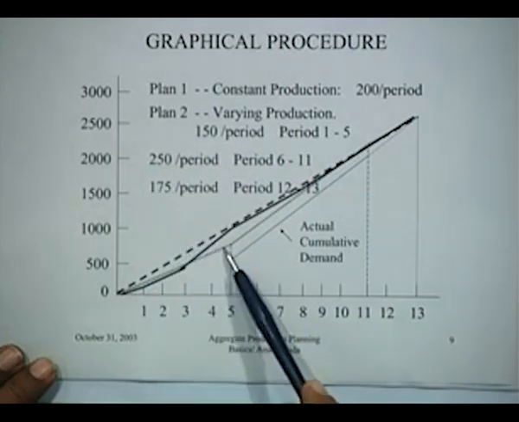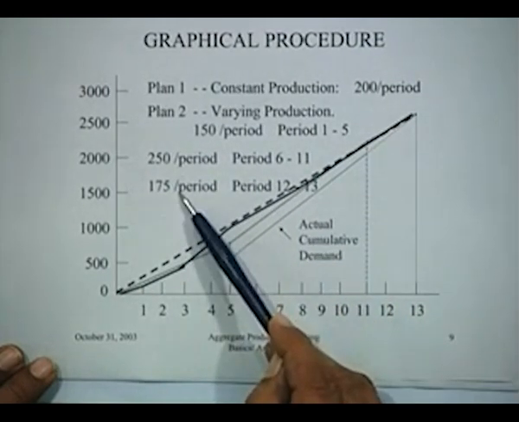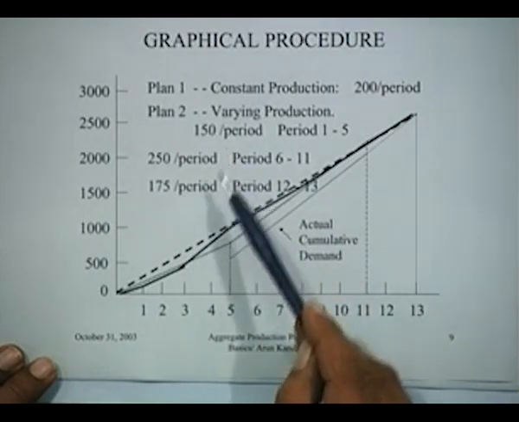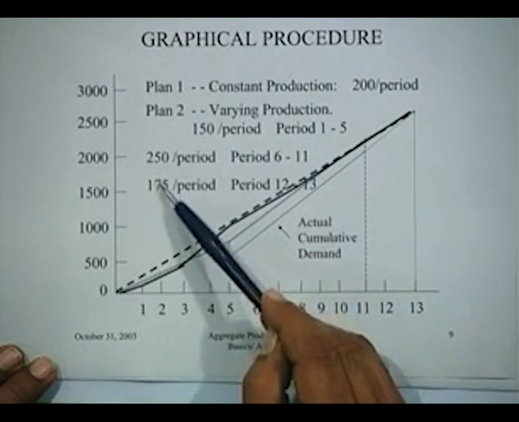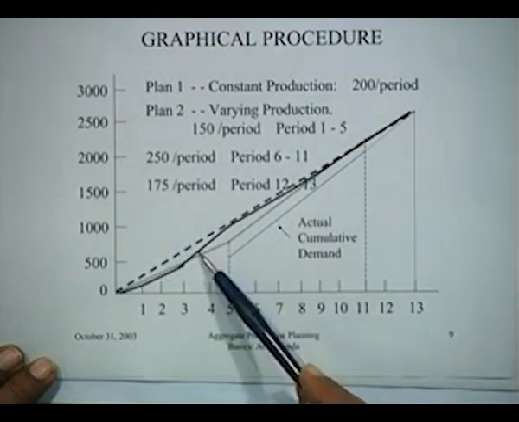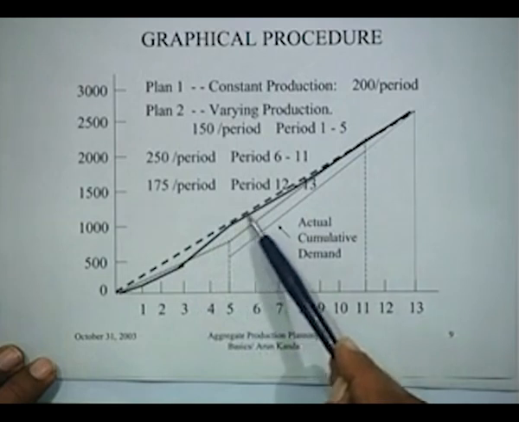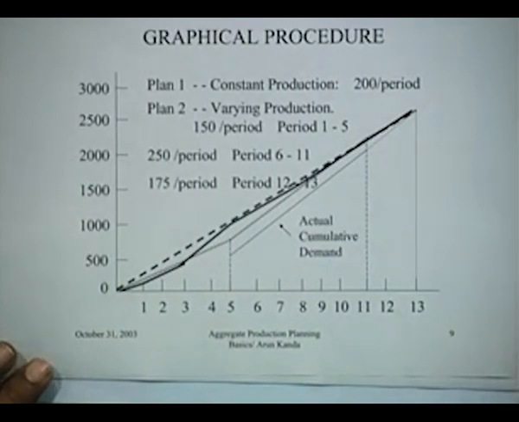So, one slope, next slope, next slope, only these 3 slopes are involved, and starting with this production period, there are only 2 changes, one change here, another change here, as compared to the earlier plan that we were talking about, where you are changing the production level each time. That would be much more costly, right.